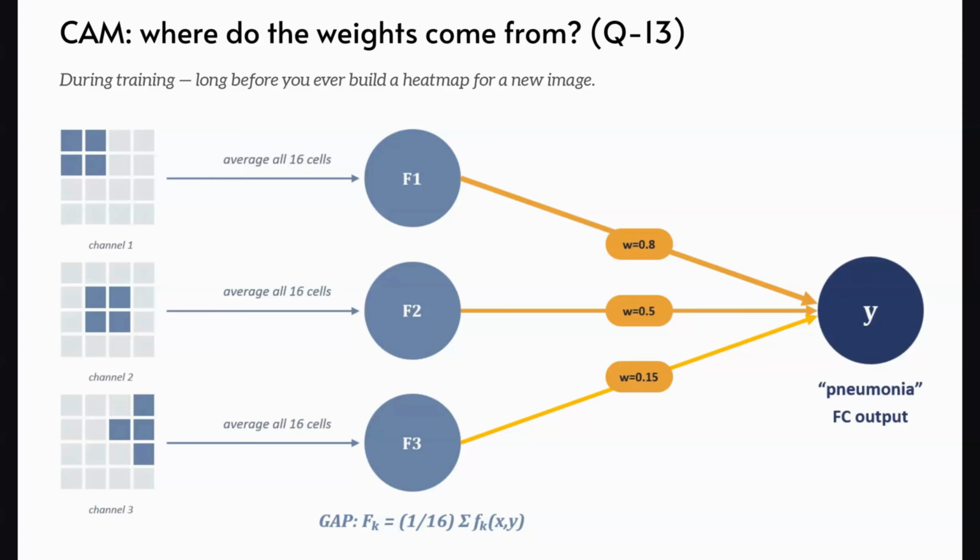The last convolutional layer will give you certain channels for every image input. The last layer has multiple filters, and multiple filters will have multiple channels. Here we are considering 3 channels. What GAP does is take these channels.